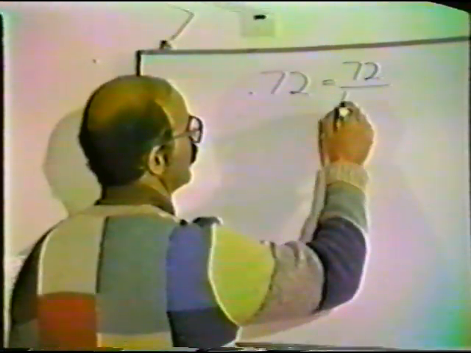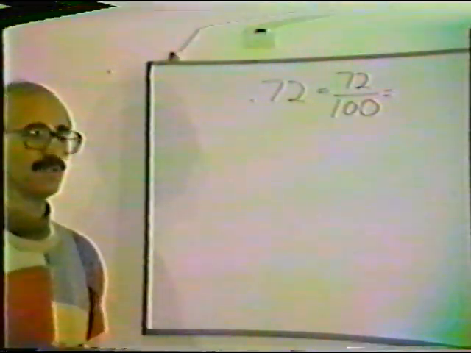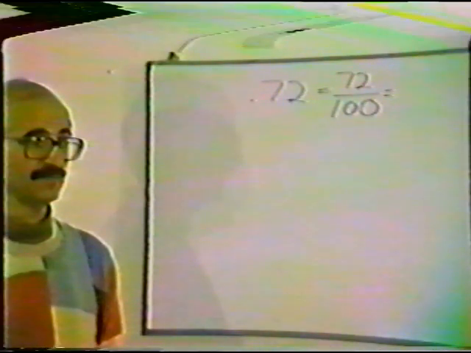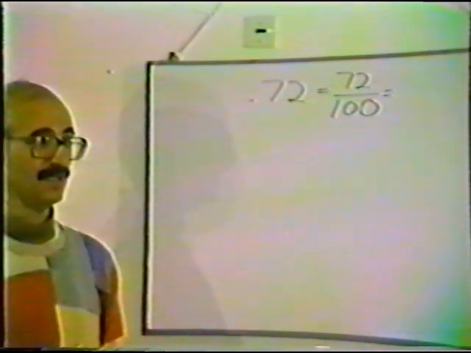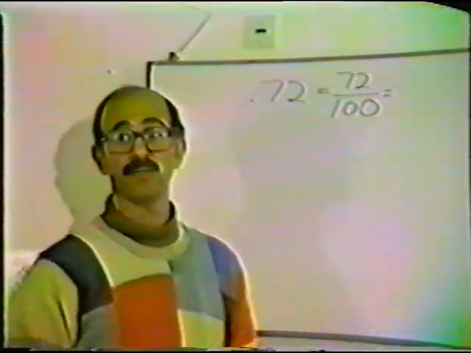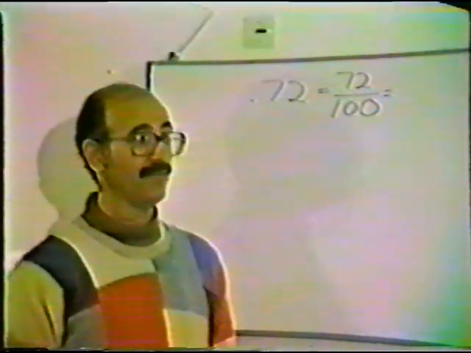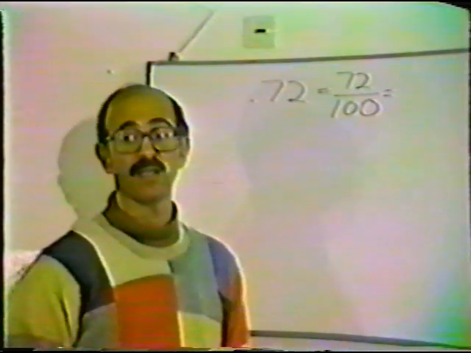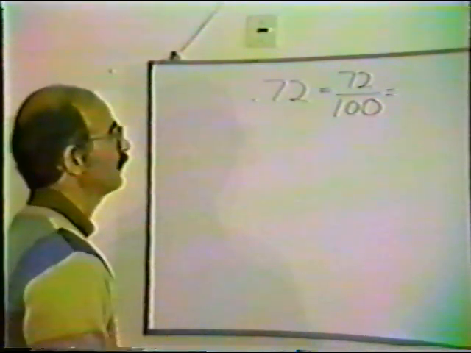72 hundredths. What would you like me to hit it with to reduce it? Any ideas? Question. Are both top and bottom numbers even numbers? Yes. And if they're even, that means that we can divide them evenly by what? 2. So we can do that.